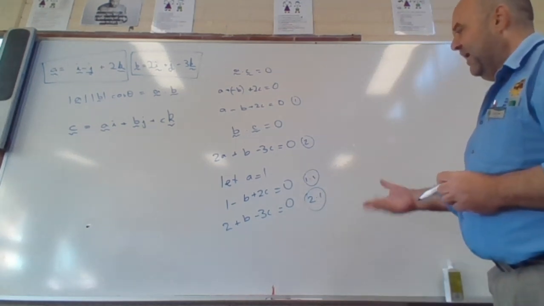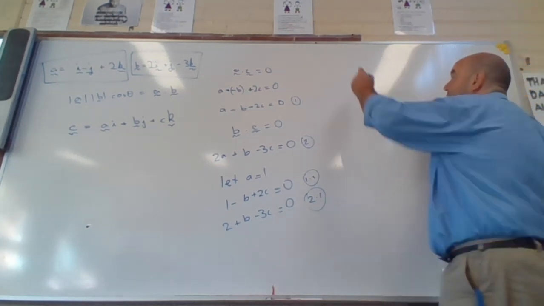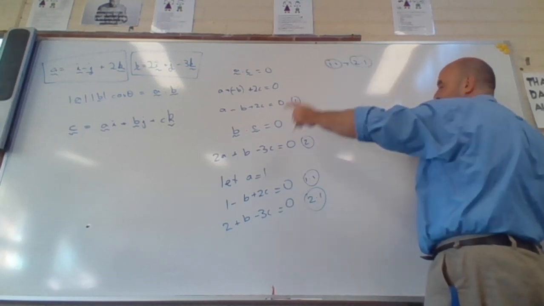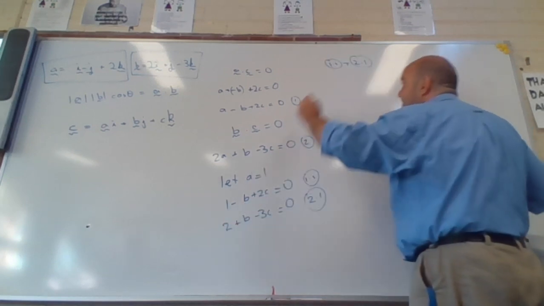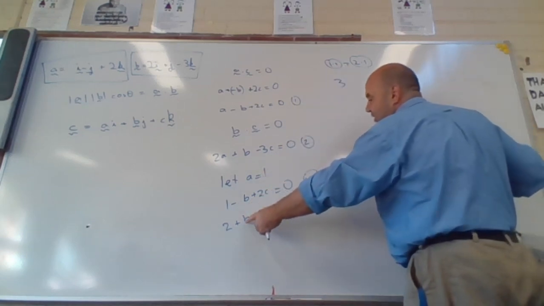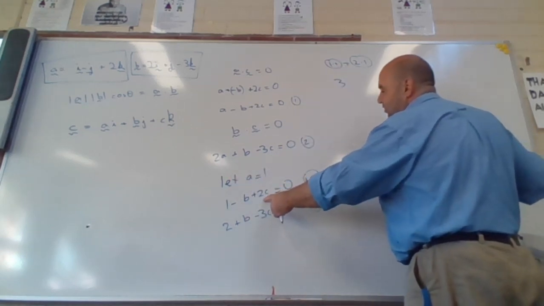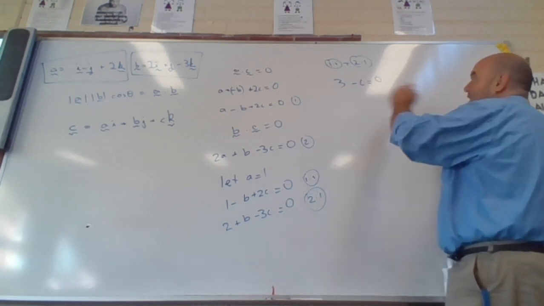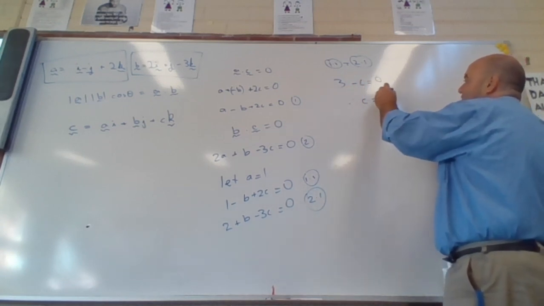So I'm going to add my equations to eliminate the variable B. So 1.1 plus 2.1 gives me 1 plus 2 is 3, minus B plus B is nothing, 2C plus negative 3C is minus C equals 0. Well, that means that C is 3.